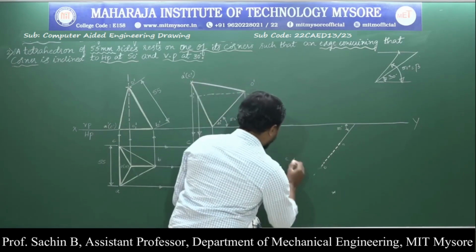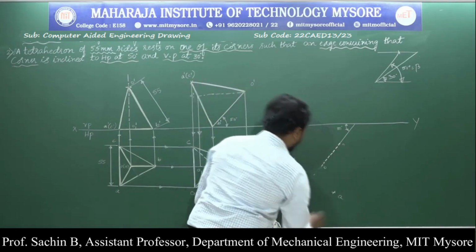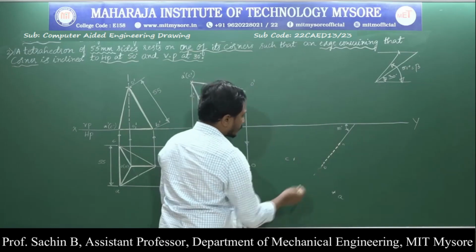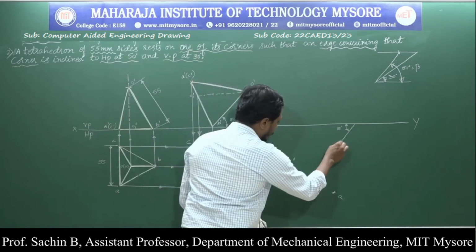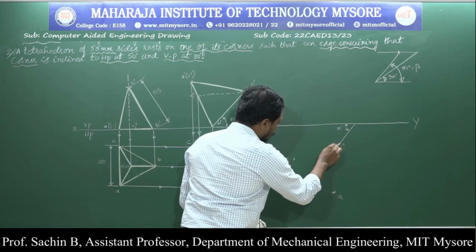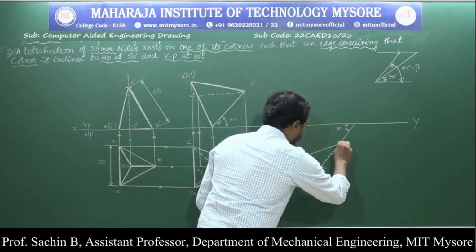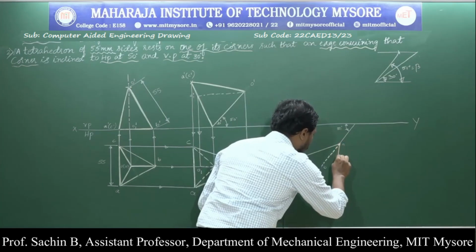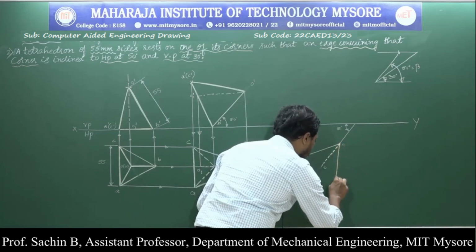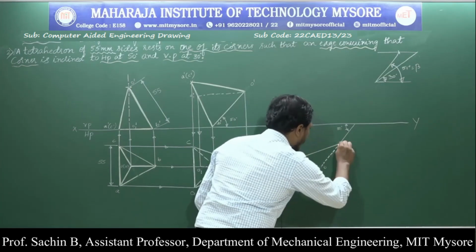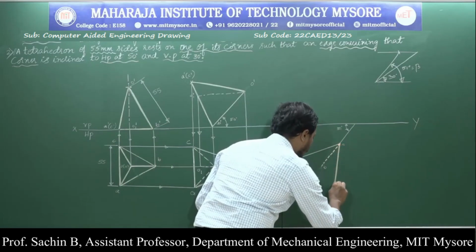Now this is my C point and this is my A point. Next, I will go for joining these lines. Our last position top view should be similar to the second position top view. I am joining these lines.